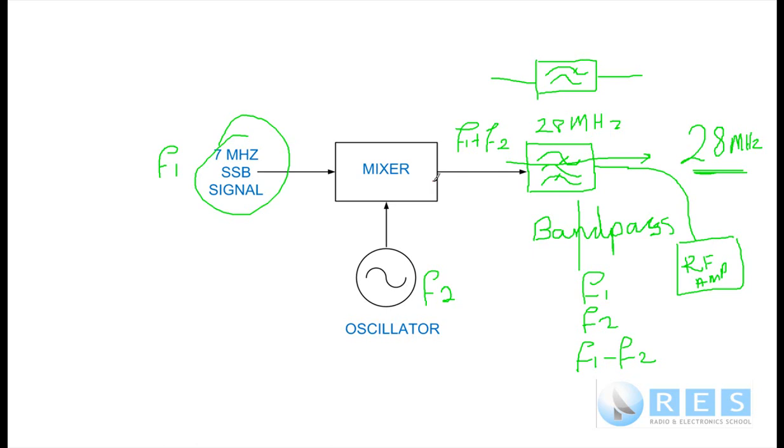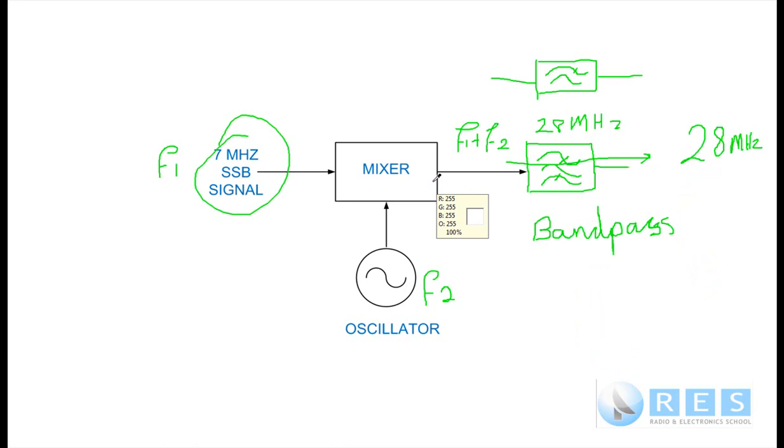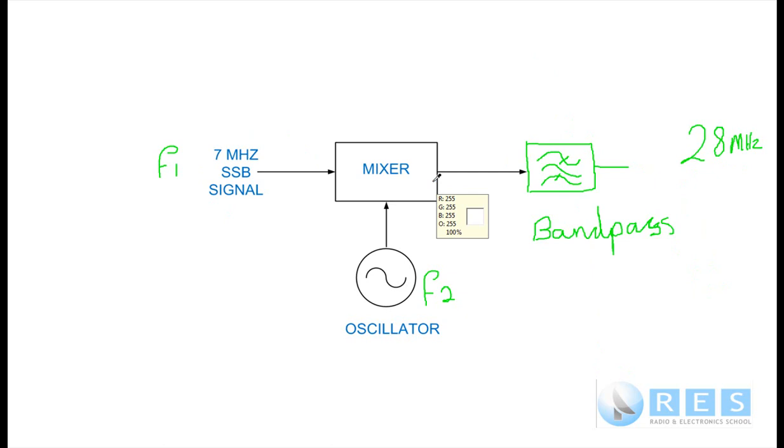So can you see what has happened here? It's very important. In fact, I'm going to do it again for you because it's just that important, because we're going to be talking about mixers and oscillators, frequency converters over and over again. So I really want you to understand this.